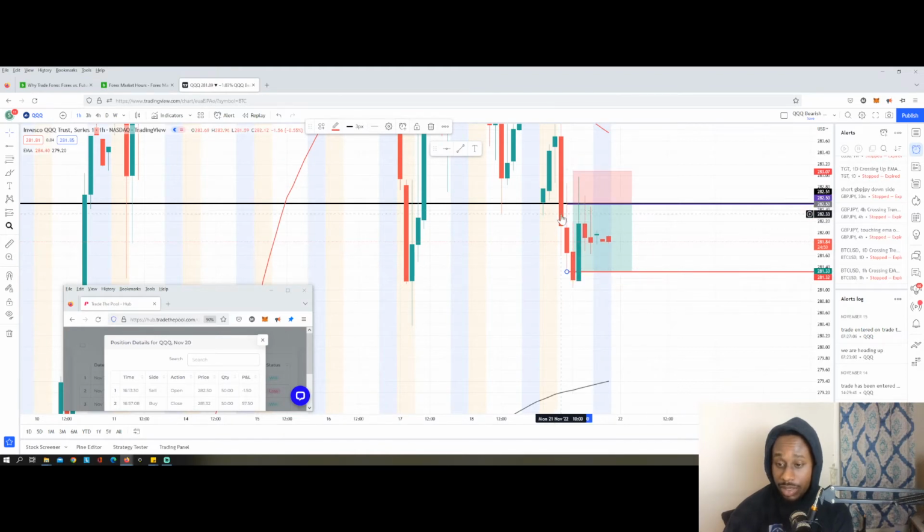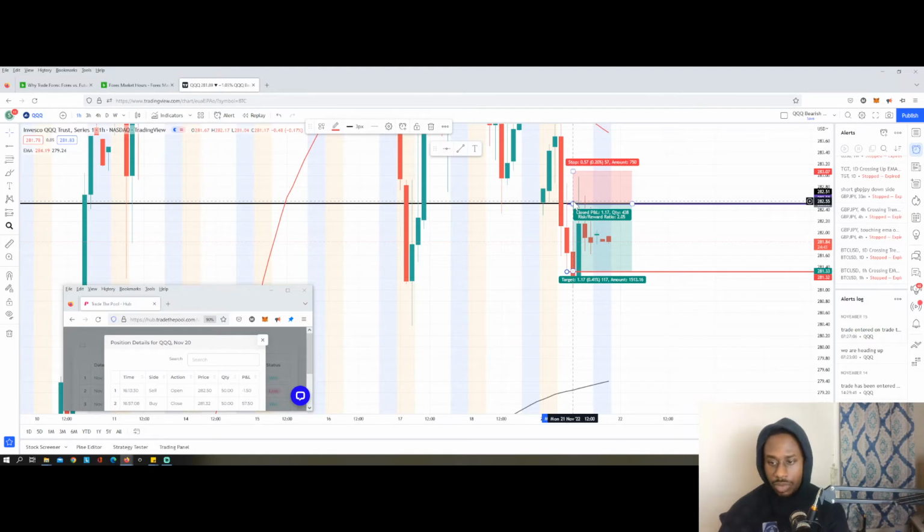As soon as this candle went down, it hit me out immediately for a $57 profit, and that's just what I left it at for the rest of the day. I just didn't trade anymore for the entire day. That was just the trade, made the money, and I just left it, just to keep the discipline and to build the system more than just focusing on trying to scrape a large profit off every single trade that I make.